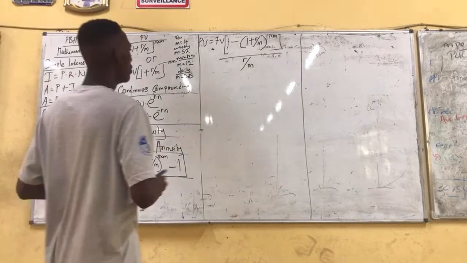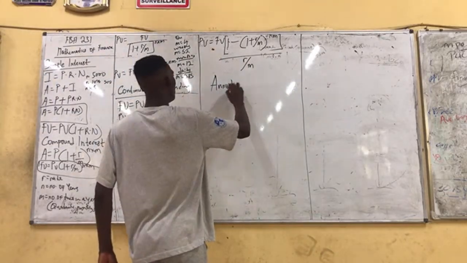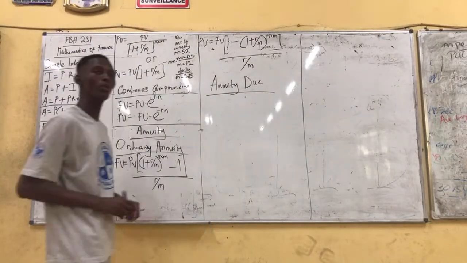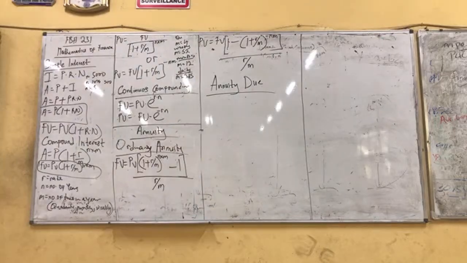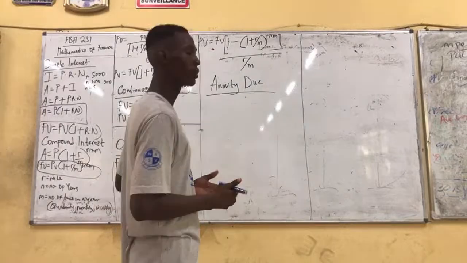Now for annuity due. Payment is made at the beginning. So there are some additions to this.